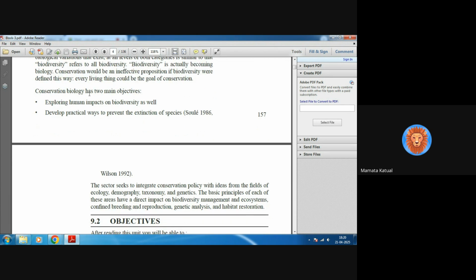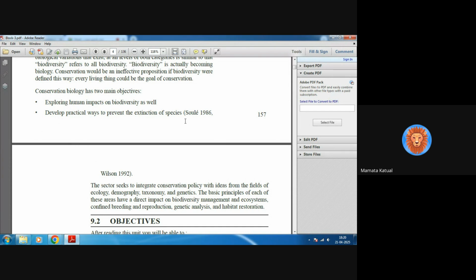So conservation biology has two aims or objectives. The first is exploring human impact on biodiversity. Because there is loss of biodiversity due to human beings, there is a great impact of humans on the loss of biodiversity. So we study how human activities impact biodiversity. Then next is to develop practical ways to prevent the extinction of species.